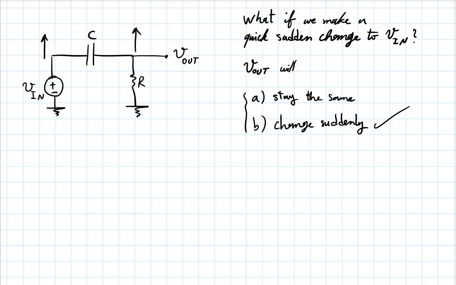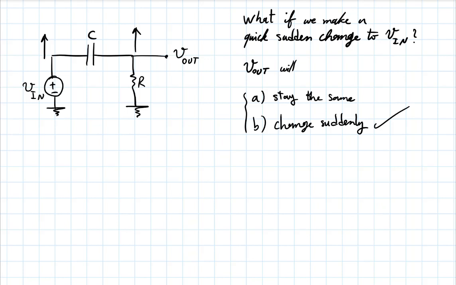The capacitor will charge up, V out will go back to 0, the current will go to 0. But if the RC of the circuit is large, it will take a very long time for the capacitor to charge, right? For V out to go back to 0. It means for a longer time, V out will stay closer to V in, or V out will kind of follow V in.